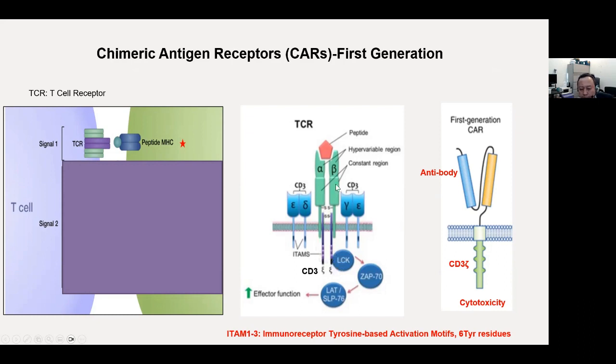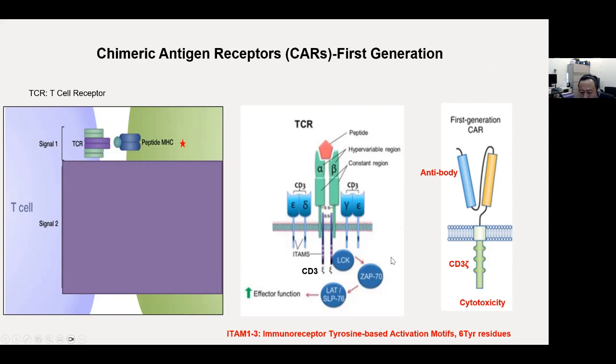So the developers of the CAR borrowed this idea and transferred the antibody here, put in a linker and the transmembrane part, and then just cut this portion, the CD3 zeta domain, and put it here. But amazingly, when you put the signal antigen here, it is able to activate the T cell and be cytotoxic to the tumor. So that's really a fantastic work.